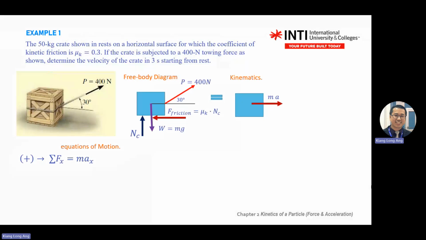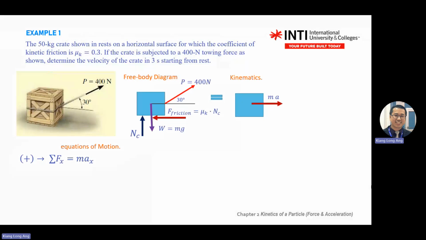Let me group the forces in X. Friction is in X. The pulling force has an X component, so you need to split it into X and Y. In X, it becomes cos 30, 400 cos 30. Then friction, mu s N, equals m ax.